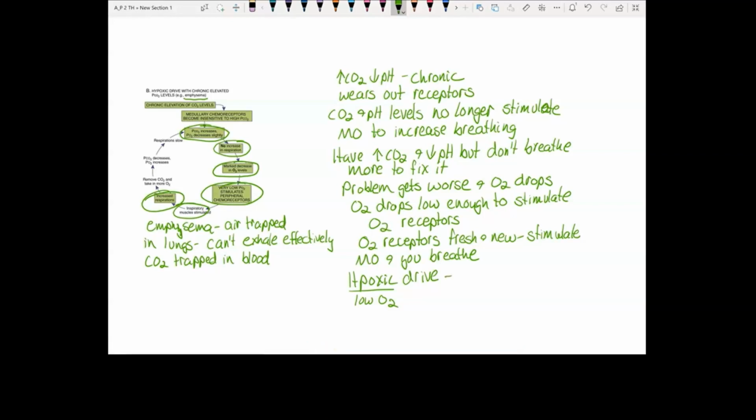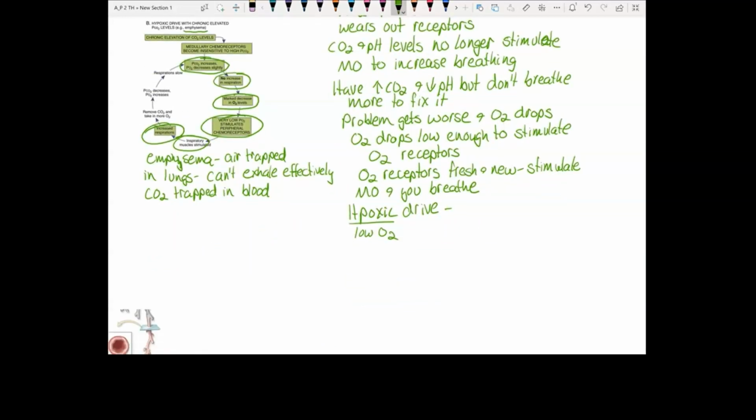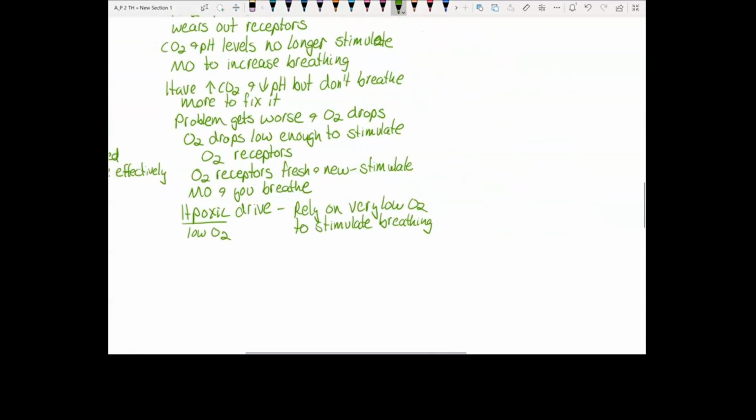So hypoxic drive means that you rely on very low oxygen to stimulate breathing. And if your oxygen level gets too high, you'll stop breathing.